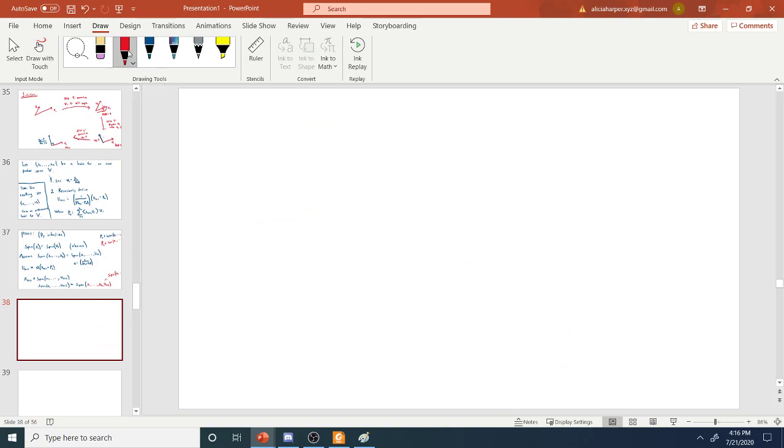So here's the other claim that we have to prove. u1 through un are orthonormal. We already know that they're a basis.